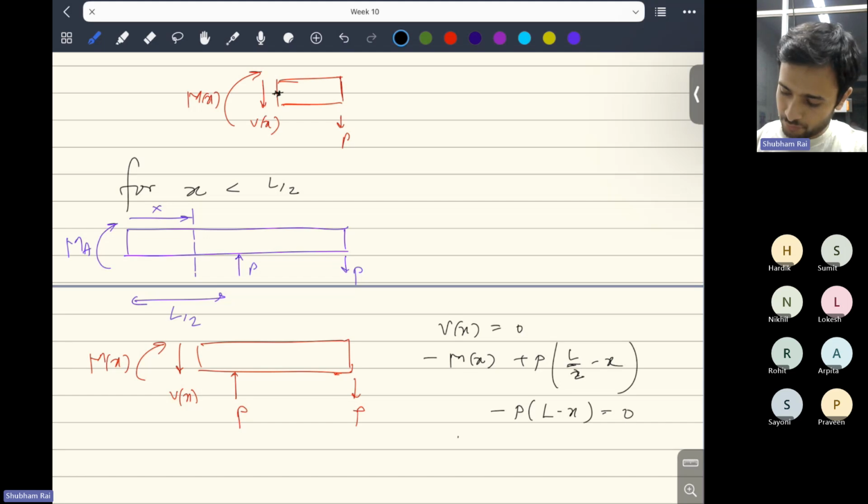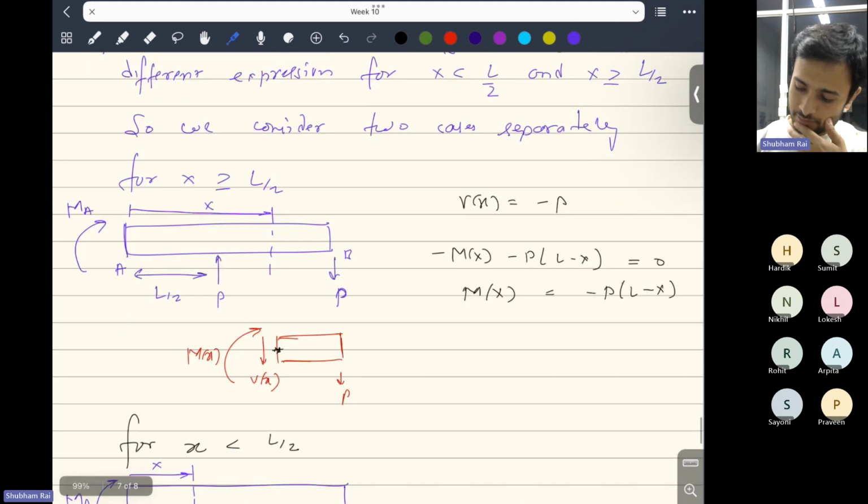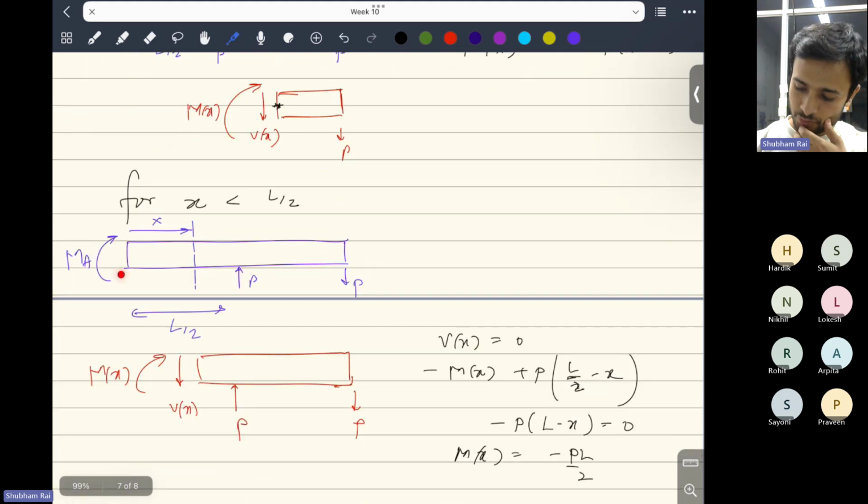So if you find it out, your mx should be equal to minus of pL by 2, which is a constant quantity. Here it was a function of x, but here from 0 to L by 2, it's not a function of x, it's a constant. Okay.